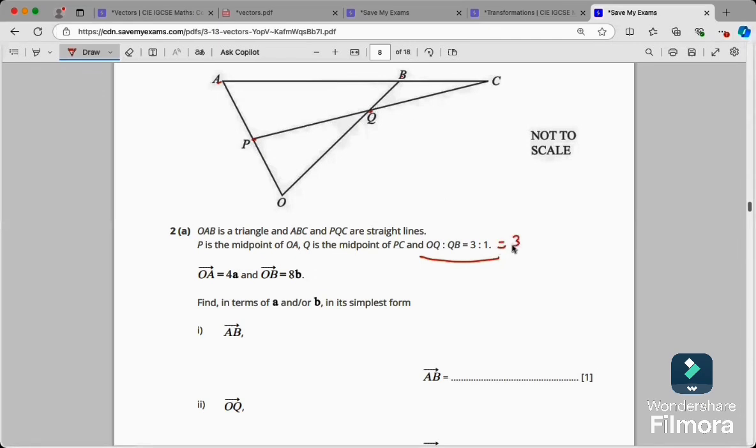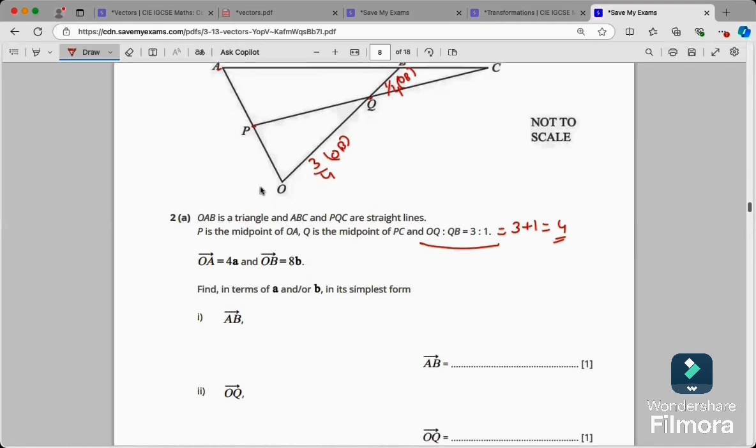If you add the ratio 3 plus 1, which is 4, therefore OQ is 3 by 4, and QB is going to be 1 by 4 of OB, because it is on the line OB, right?